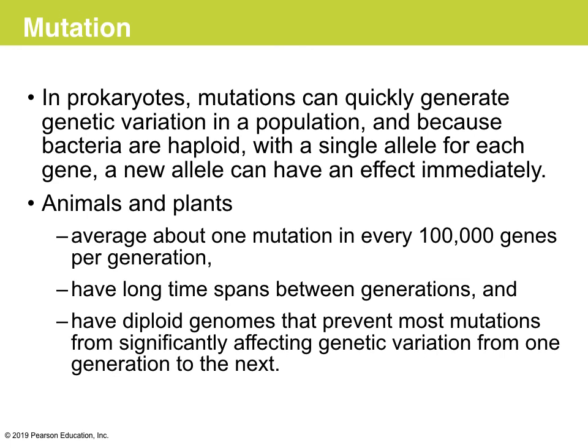Now, multicellular things like plants and animals average about 1 mutation in every 100,000 genes per generation. Plants and animals have a long time span between generations, right? It's not minutes to hours, it's often many years. Plants and animals also have diploid genomes that prevent most mutations from significantly affecting genetic variation from one generation to the next.